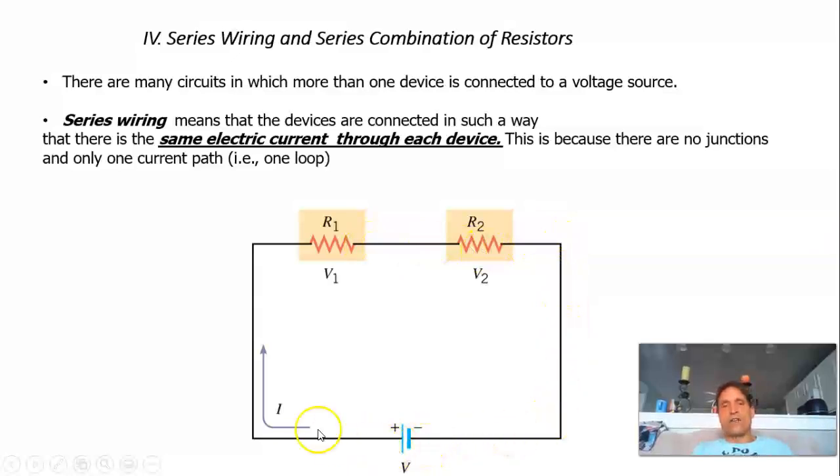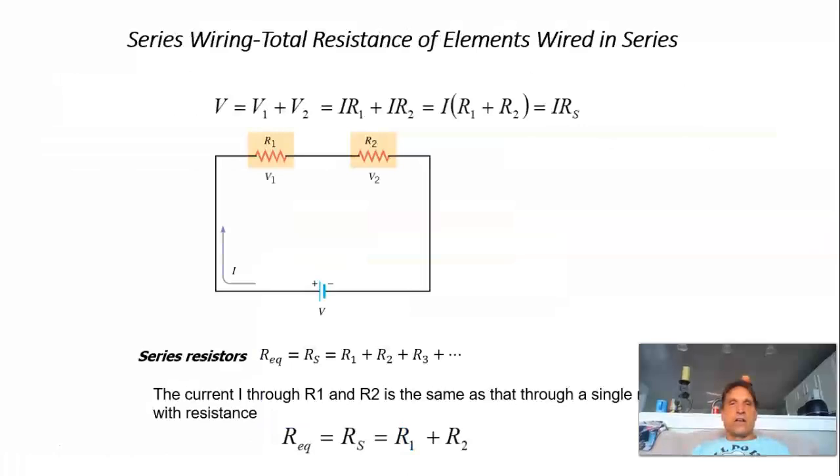Just like a water circuit has the same flow everywhere if it's just a single loop. The water can't build up anywhere. So the series circuit has the same current everywhere. And we're going to use that to calculate the equivalent resistance of resistors in series.